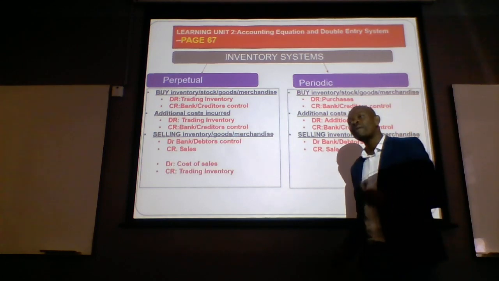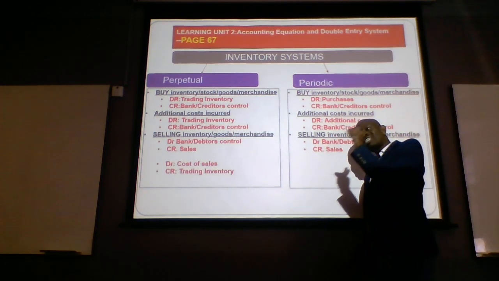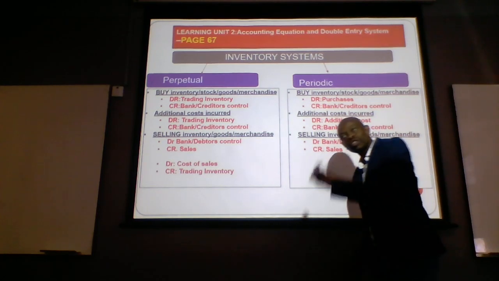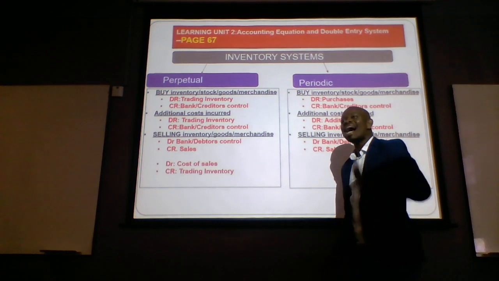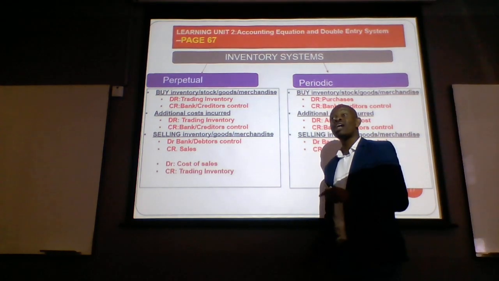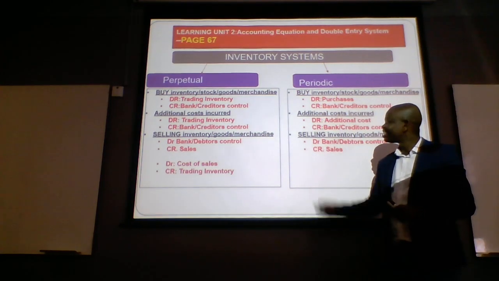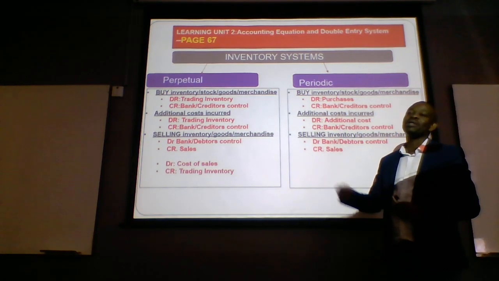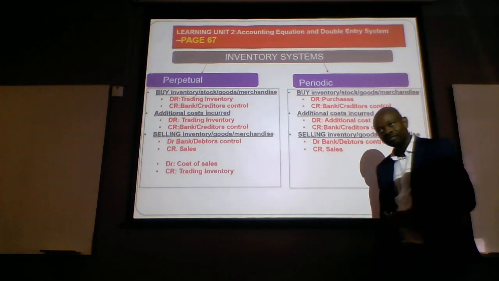So under perpetual, when you sell, you must record sales and at the same time show cost of sales. If within a day I have 70 sales, it means I will see how many cost of sales? 70 cost of sales. Does that make sense? But what about the periodic?